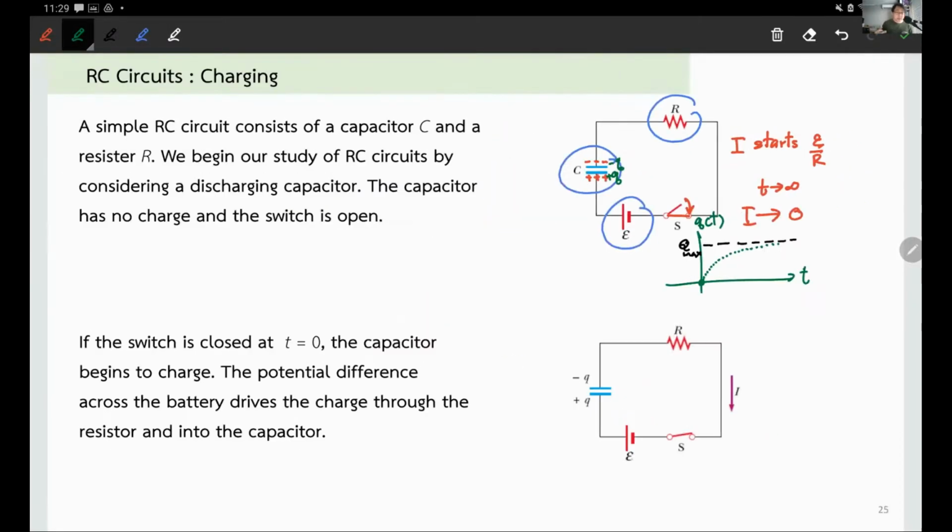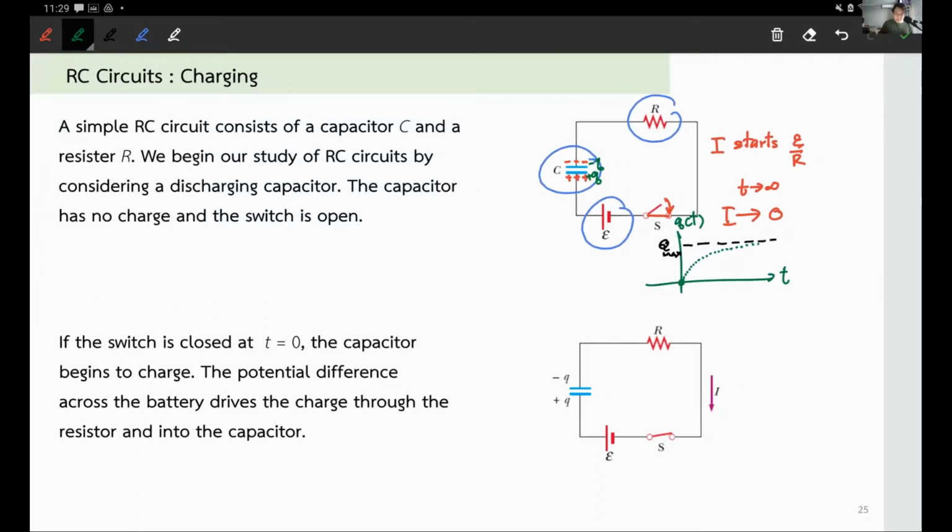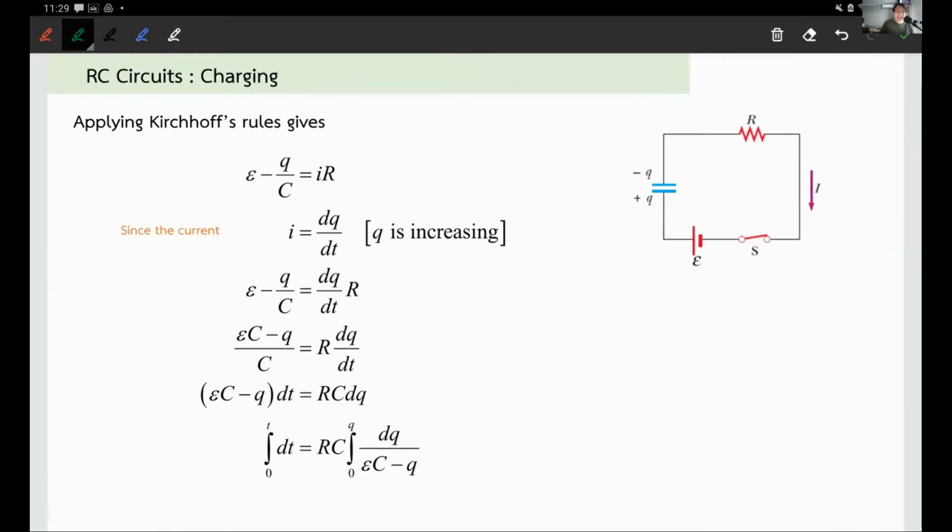All right, so I'll give you a sense of what is happening. And if you really want to see how this is going to happen in a quantitative manner, you have to write the equation that explains the change of the charge in your system. It turns out I can apply Kirchhoff's rule one more time.